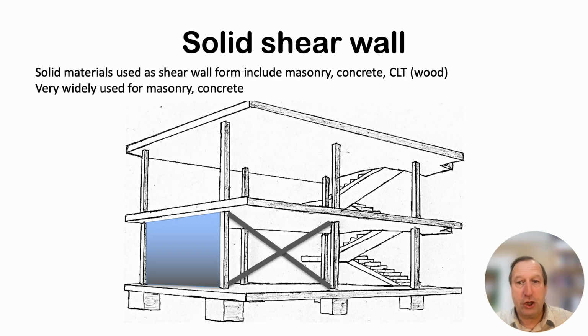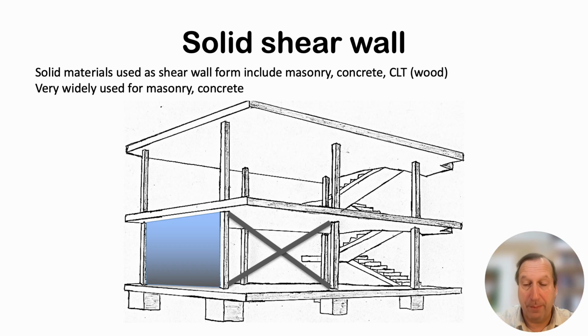So the solid shear wall looks like it uses more material, because it does, but it uses lower cost material. And just as importantly, the thing that often makes the shear wall economical is that that shear wall is performing not just a superstructure function. Sometimes it's also providing partition walls between, say, residential units.